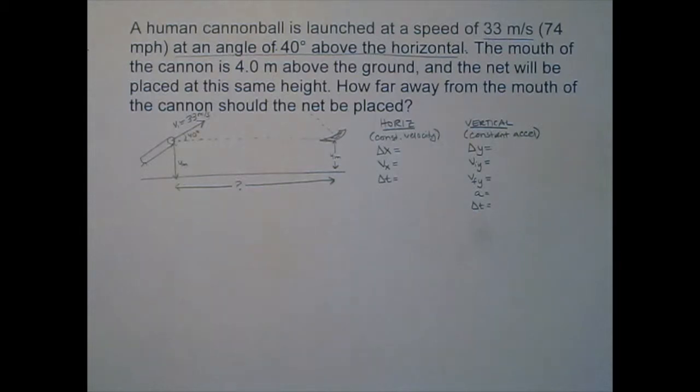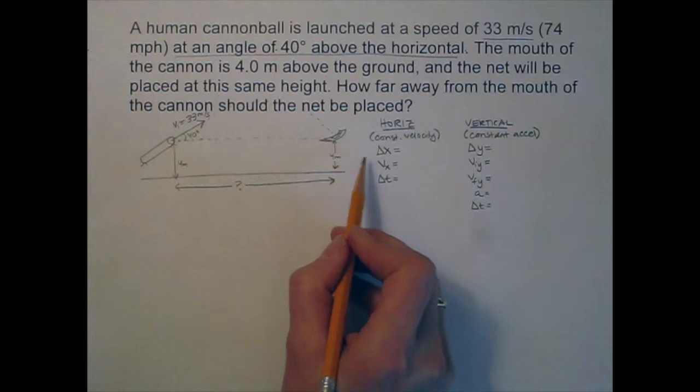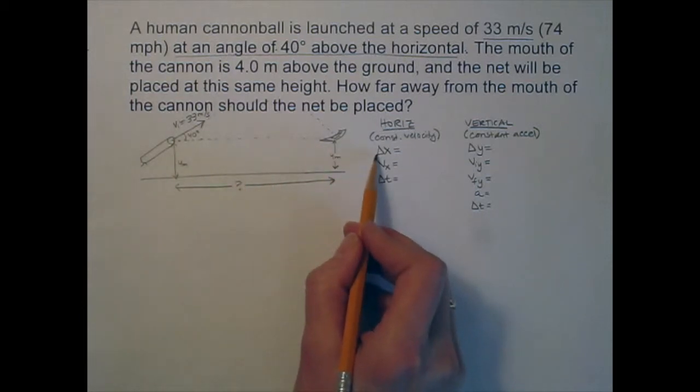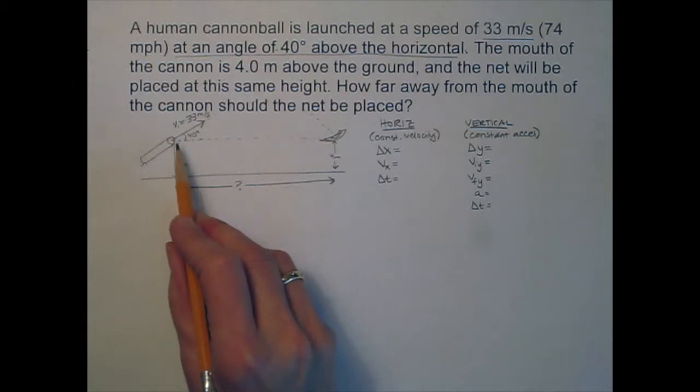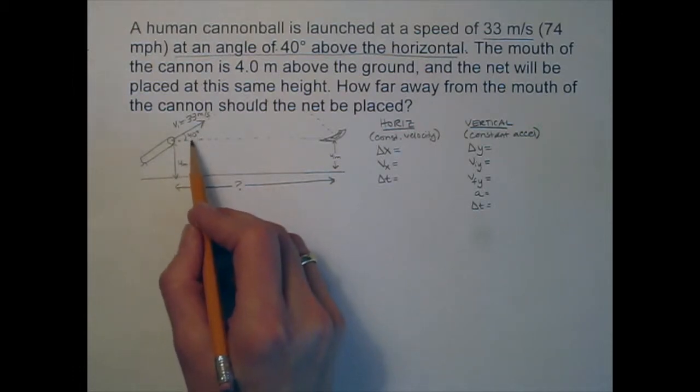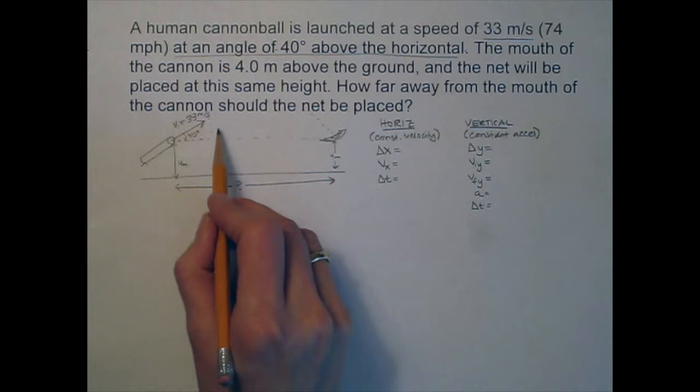Then we need to figure out what values we know. I do not know the horizontal displacement, so I do not know delta x. The horizontal velocity, that is going to be a component of this initial velocity.